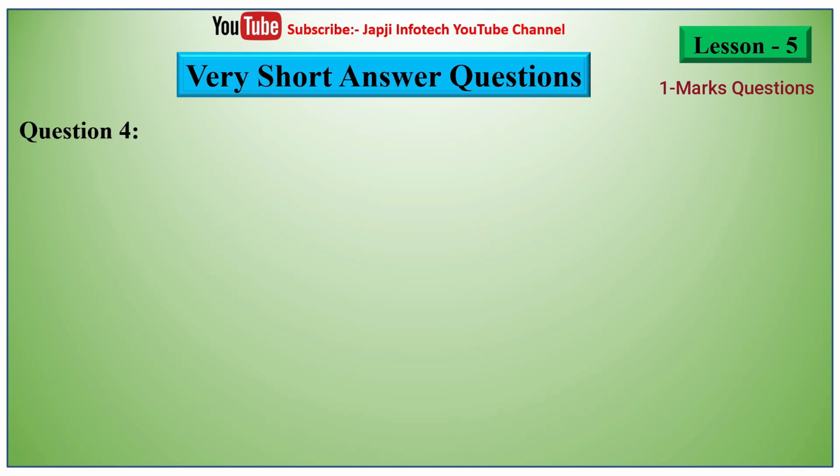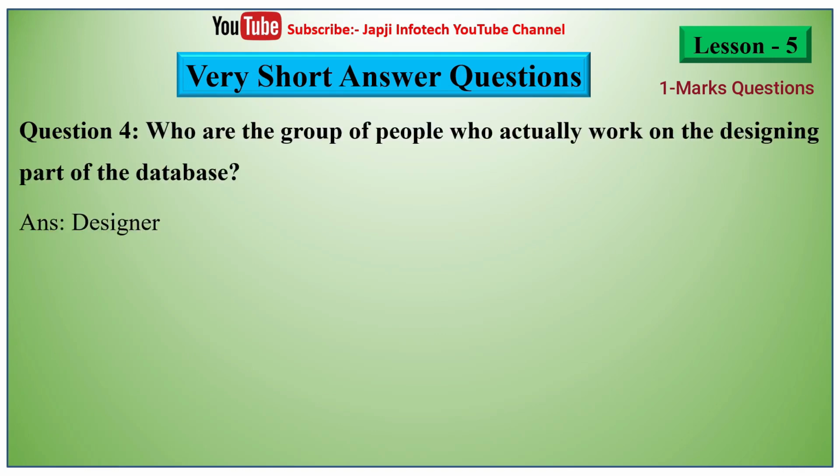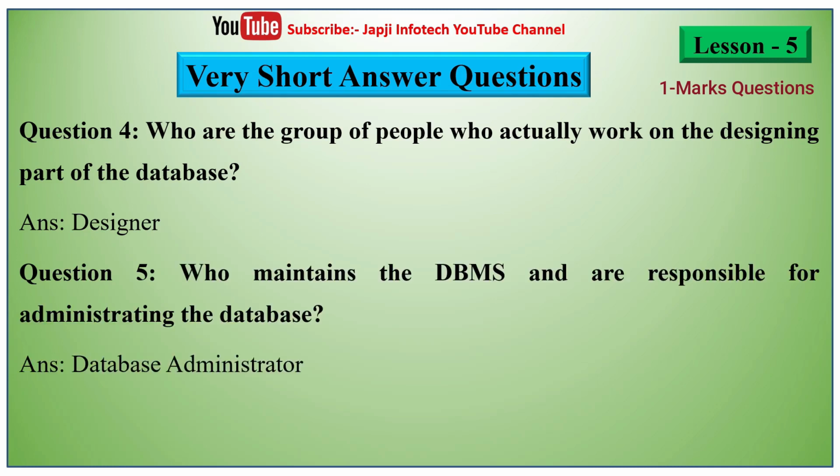And the fourth one is: who are the group of people who actually work on the designing part of the database, and the right answer is designer. And the fifth one is: who maintain the DBMS and are responsible for administrating the database, and the right answer is database administrator.